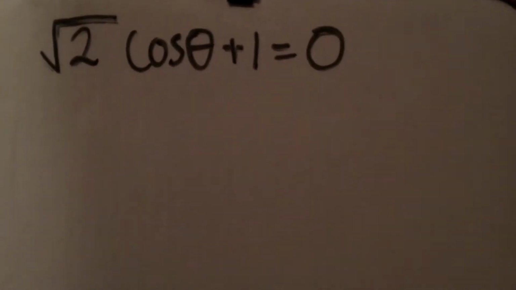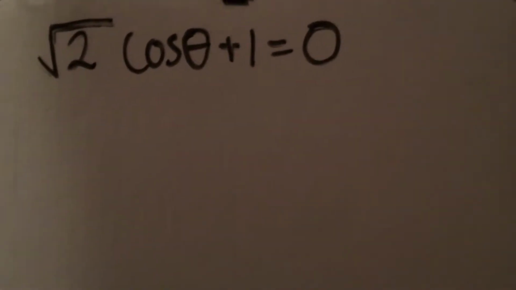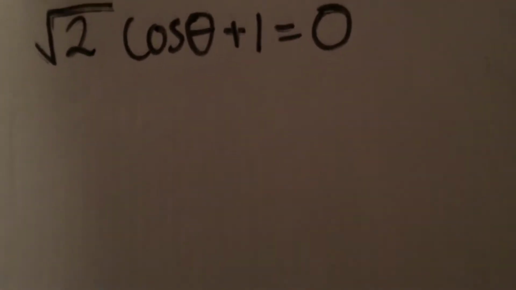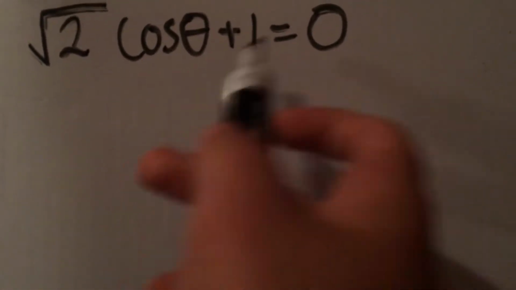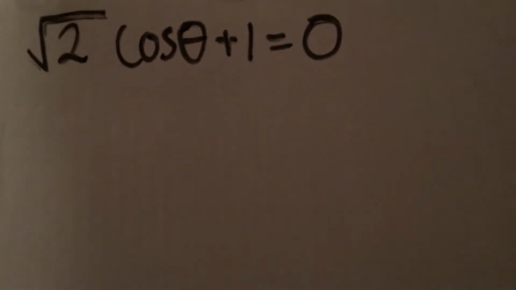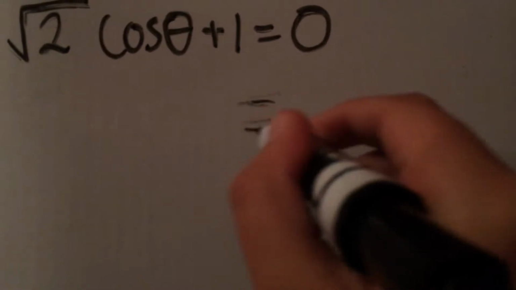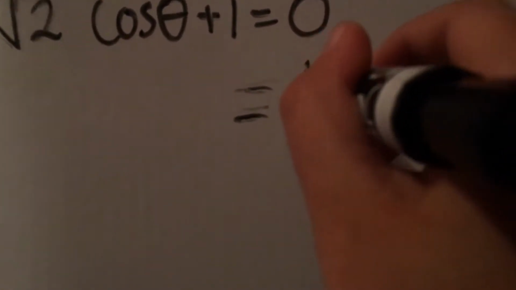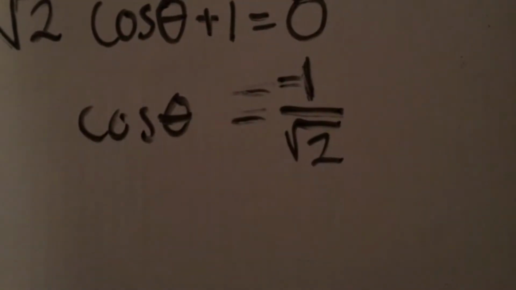This can be solved just like an algebra equation: to get cosine theta alone, we subtract 1 first, and then divide by the square root of 2, and then you will have negative 1 divided by the square root of 2 equals cosine theta.